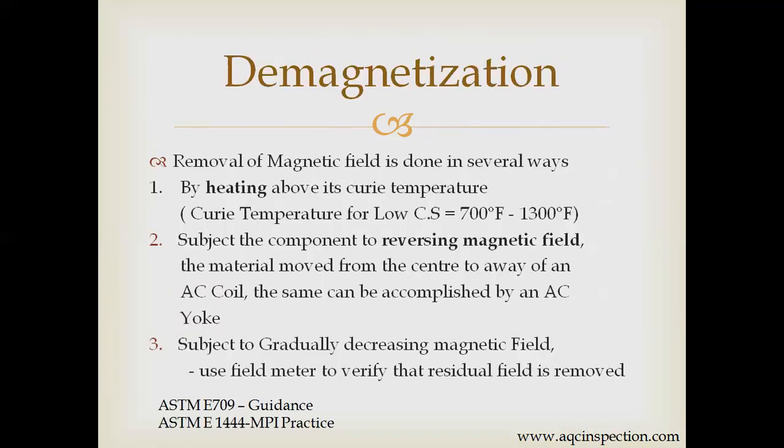Demagnetization. Demagnetization is not required for low carbon steels, but in the case of high carbon steels, due to high retentivity, demagnetization becomes essential. Demagnetization is the removal of the magnetic field, which can be done by several methods. By heating above its Curie temperature, for example, for low carbon steels, about 700 to 1300 Fahrenheit.